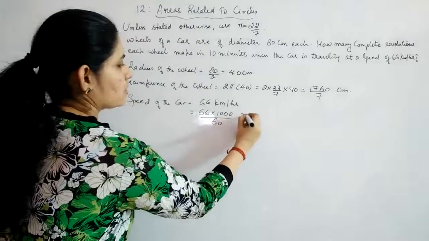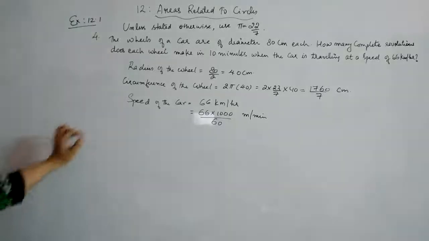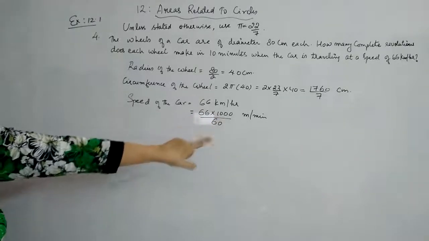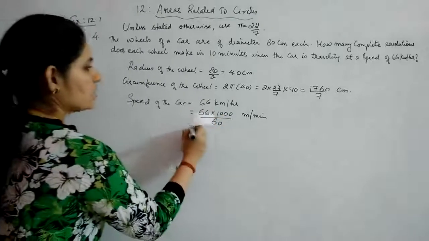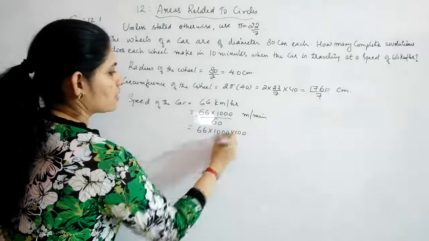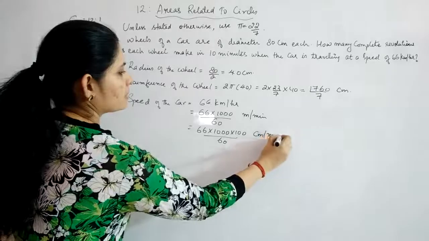So this is now in meter per minute. Again we change it into centimeter per minute. Meter converted into centimeter gives into 100. So that is 66 into 1000 into 100 by 60 centimeter per minute.